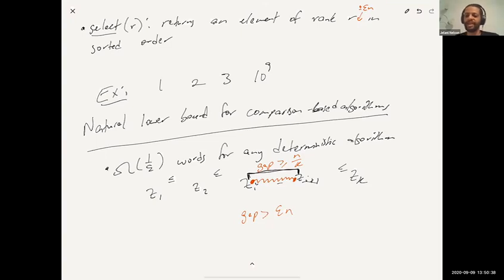So one of the answers is wrong. It's not an additive epsilon n approximation. So the gap is bigger than epsilon n unless K is bigger than 1 over epsilon. So this is a lower bound for comparison-based algorithms.